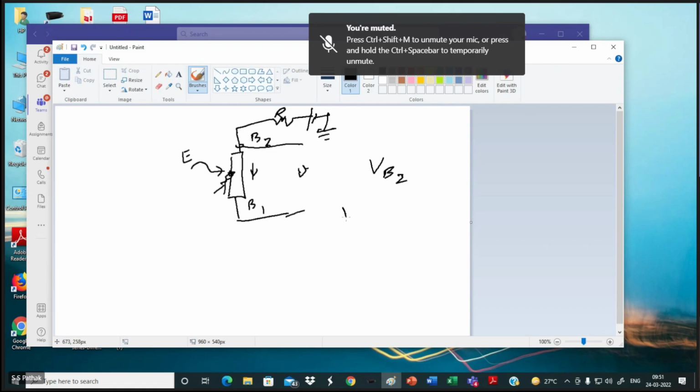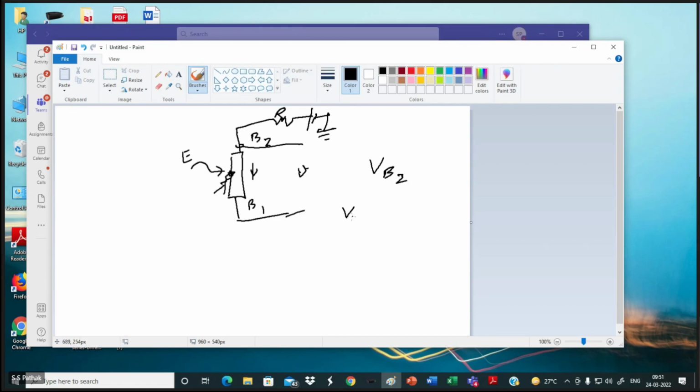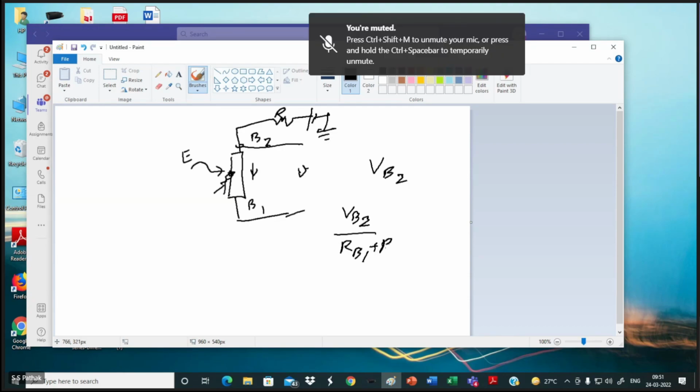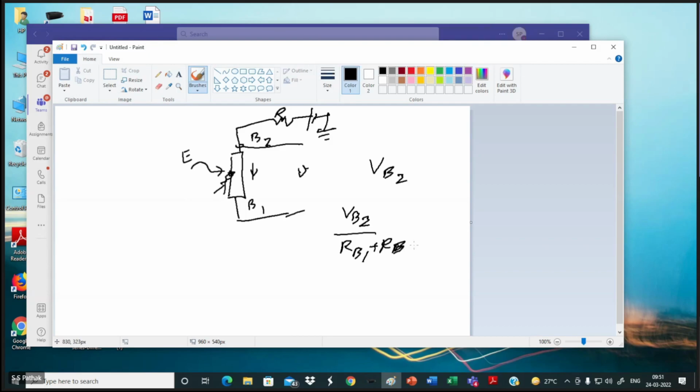It was VB2 divided by RB1 plus RB2, into RB1. That was the voltage here.